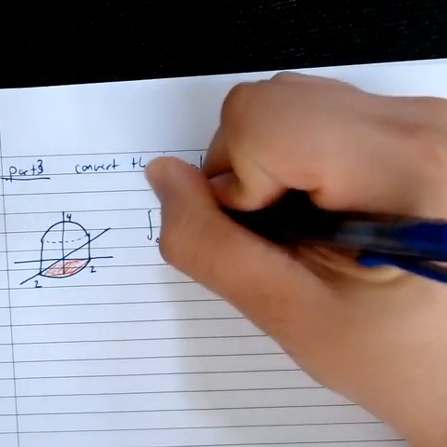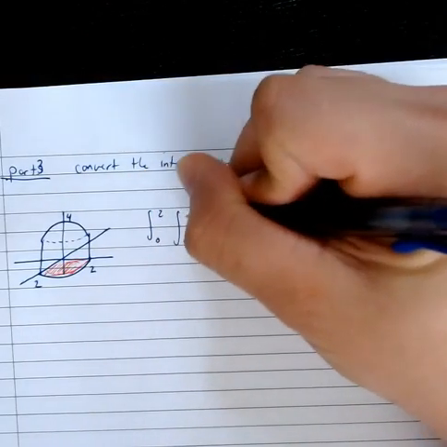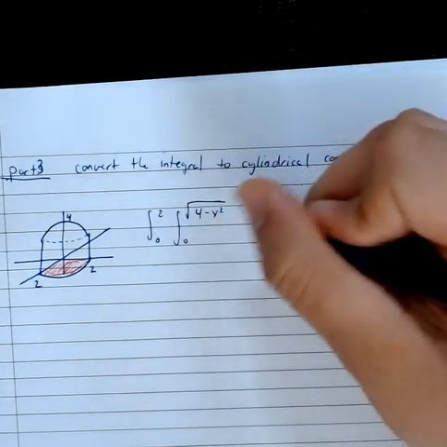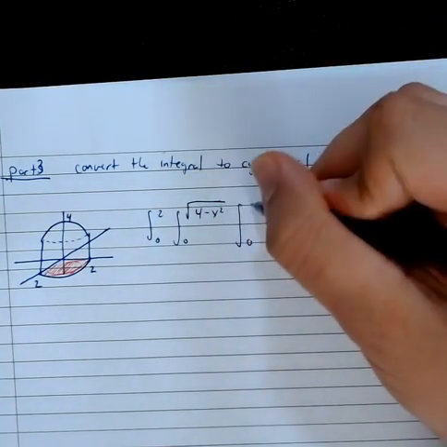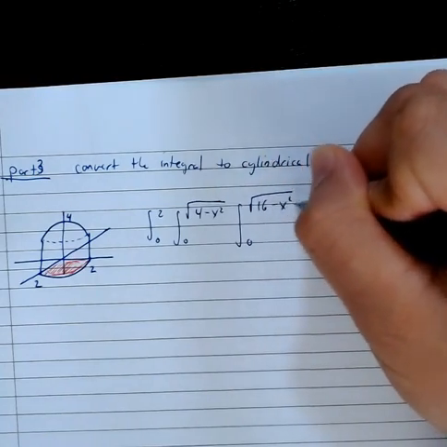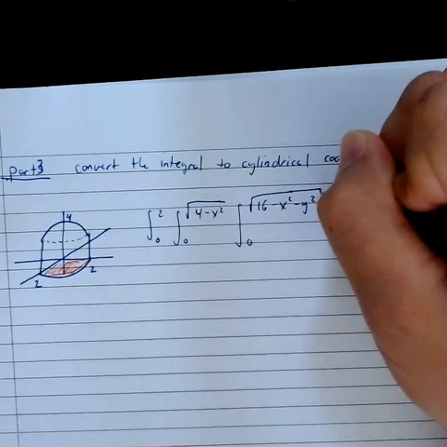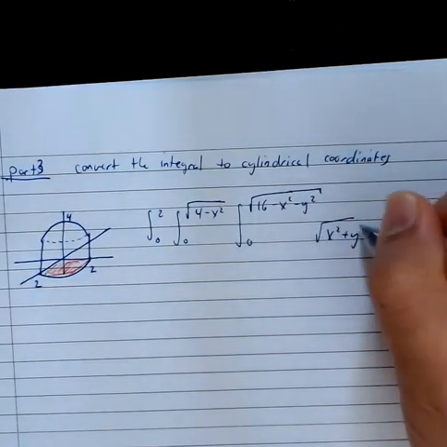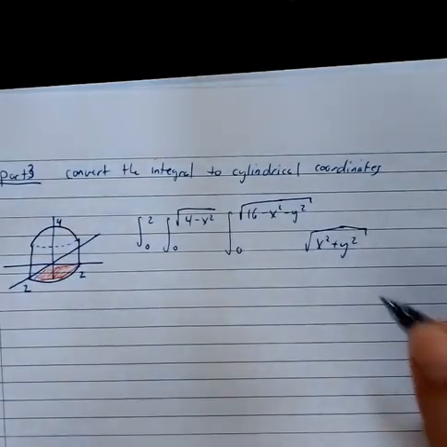That was the integral from 0 to 2 of the integral from 0 to the square root of 4 minus x squared, the integral from 0 to the square root of 16 minus x squared minus y squared, square root of x squared plus y squared, dz dy dx.